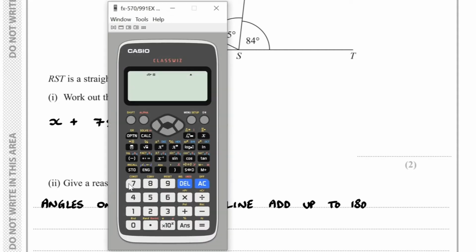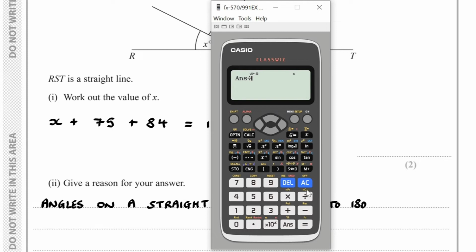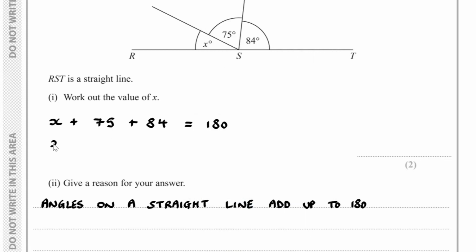Now 75 plus 84 is 159, and so therefore we have x plus 159 equals 180, in which case we can see x is equal to 21.